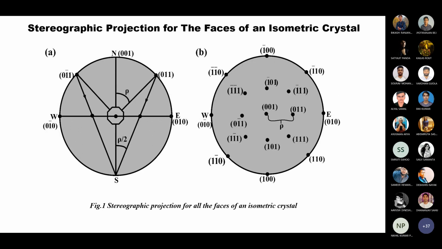Now, here is an example of the stereographic projection of particular faces of a particular isometric crystal, which you can slowly understand. If you go to certain books, you can also refer to our book, in the first chapter. But I am telling a simple way.